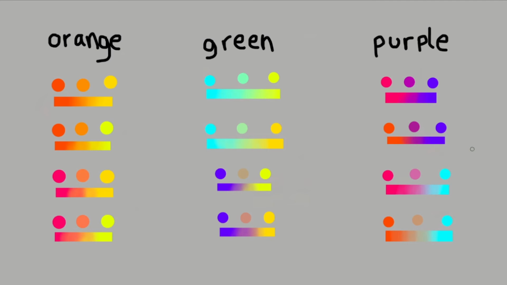It's going to be different for traditional or whatever medium you're using, but just to show an example, the green. So this is with a more greenish yellow and a more greenish blue, and you get a more saturated green. Then down here, which is an orangey yellow and a purpley blue, which gives you a brown or gray color.